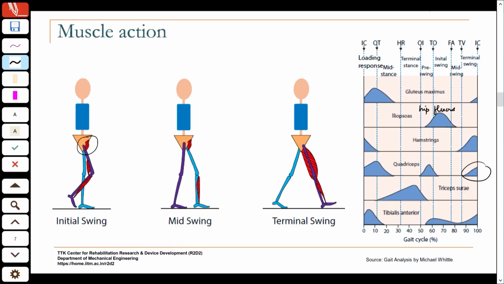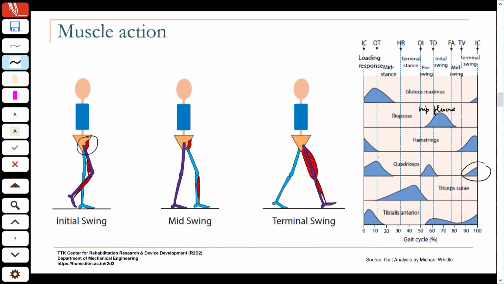So, the quadriceps acts with gravity. Here it is concentric action, because it is actively extending the knee. In these two cases it is resisting the flexion of the knee. Okay. So, these two are eccentric, this is concentric action in the quadriceps.